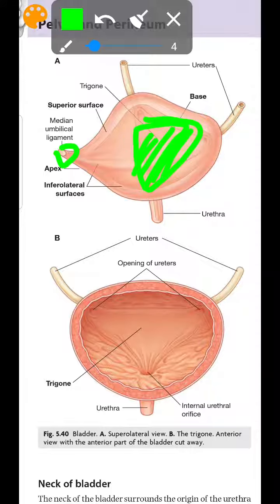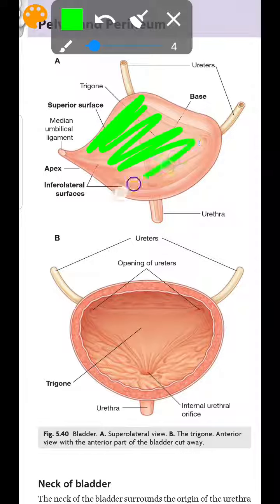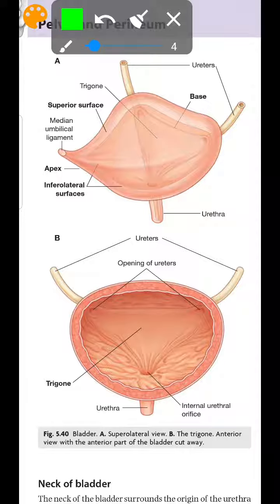This is the base, this is the apex, this surface is the superior surface, and on each side below are the inferior lateral surfaces.